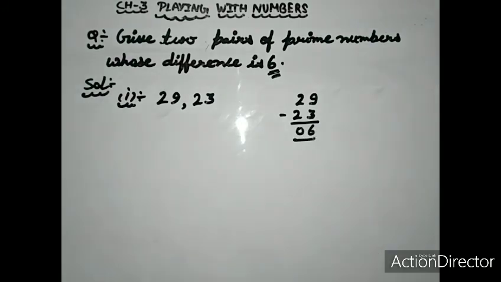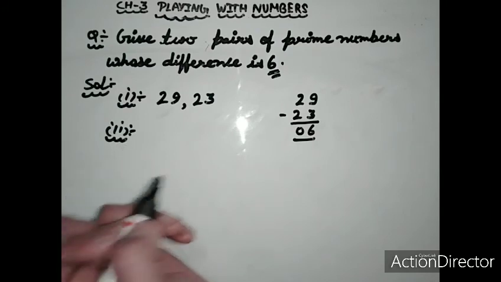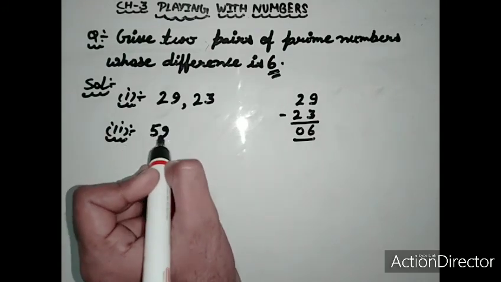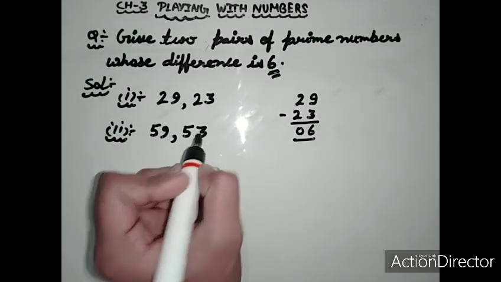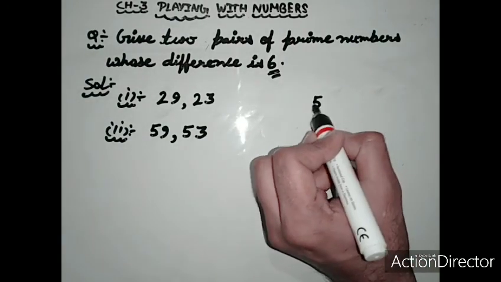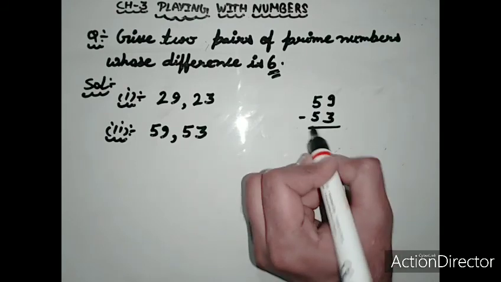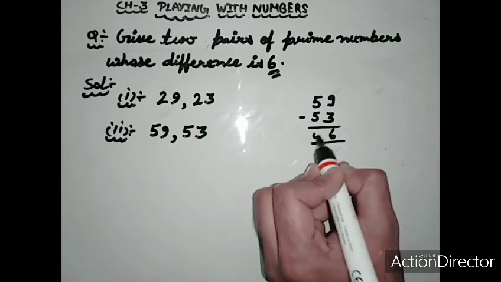Now the next pair is 59 and 53. When we subtract 53 from 59, we get difference 6.